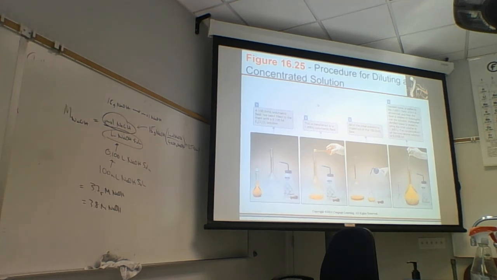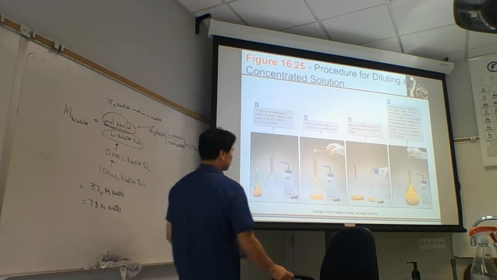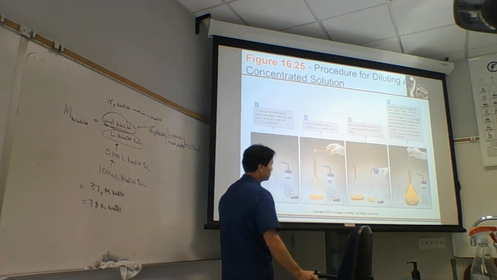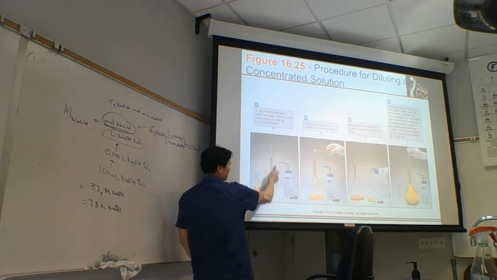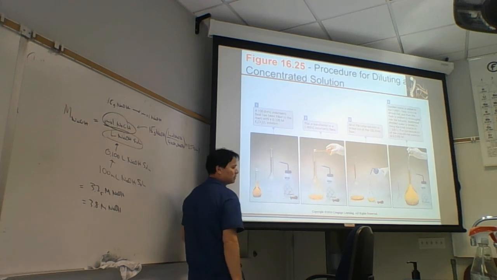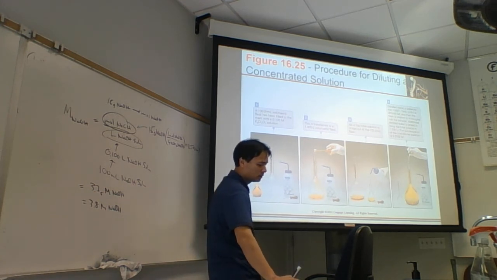So this is how we do it in practice. In practice, you don't measure how much water. You just fill it until you hit the right volume. These are called volumetric flasks. These volumetric flasks are quite expensive, and they are made to measure only one volume.